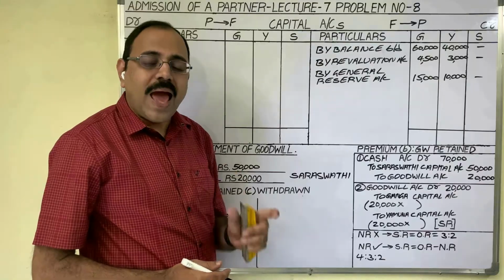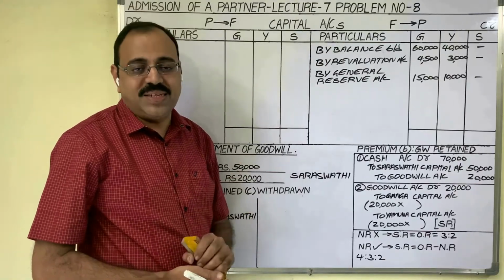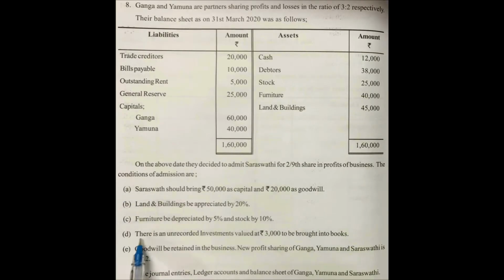Next, come to the capital and goodwill related adjustment. These two points are related to capital and goodwill. See, Saraswati should bring 50,000 rupees as capital and 20,000 rupees as goodwill. Goodwill should be retained in the business.